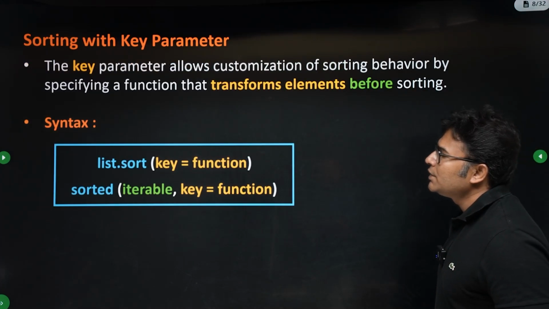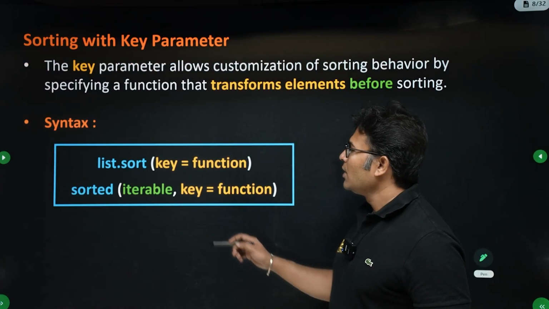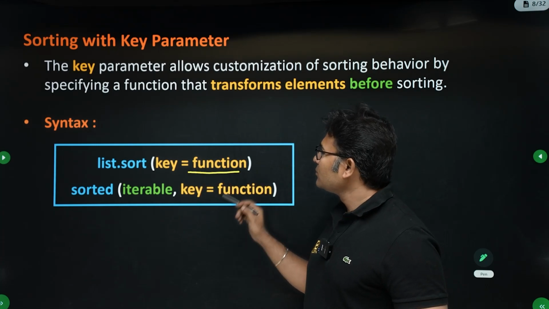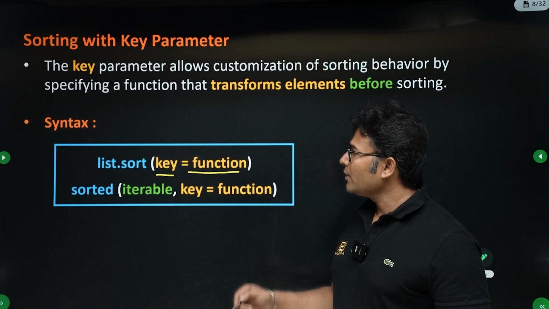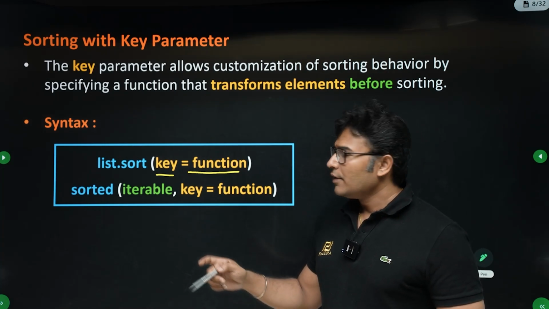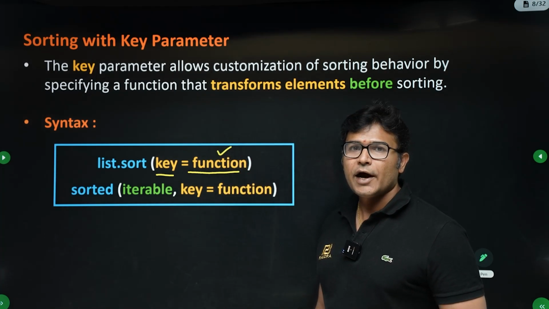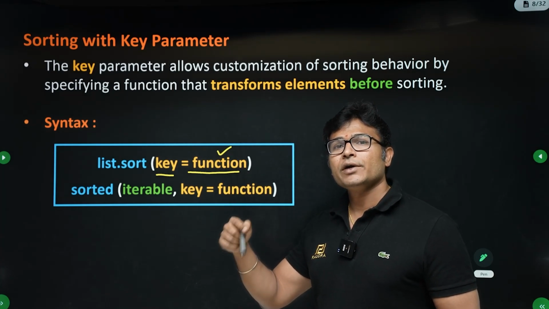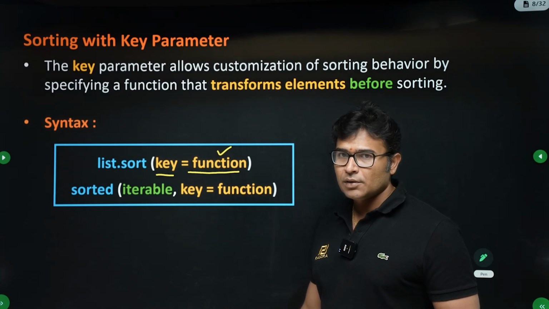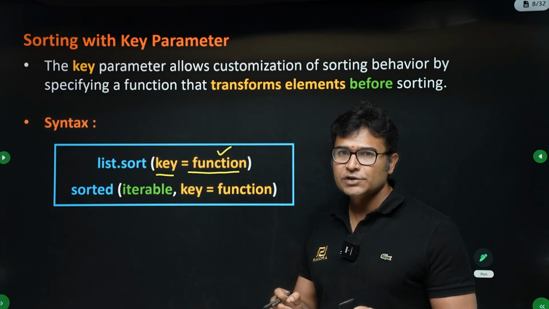Now let us see the key parameter. You can pass a function to the key parameter, and for every element in the list, that function will be applied, and whatever is the result of the function, using those values, sorting will happen. With examples it will be clear. It might be a little confusing now.